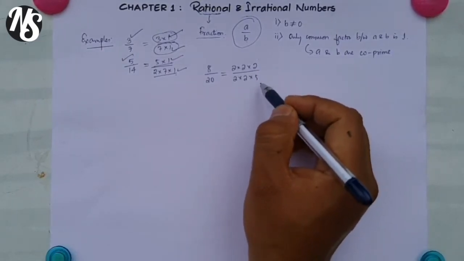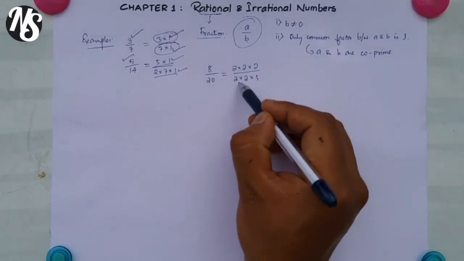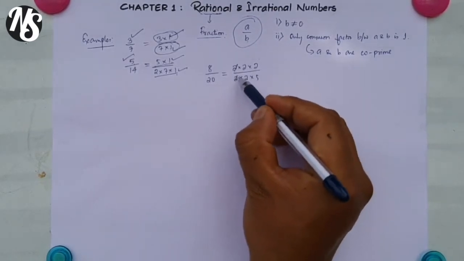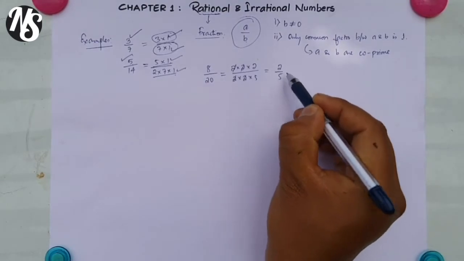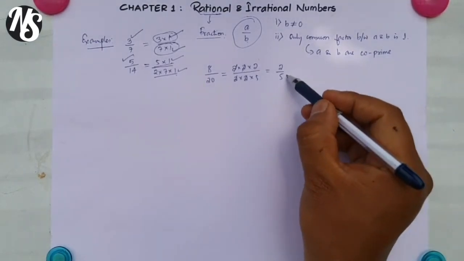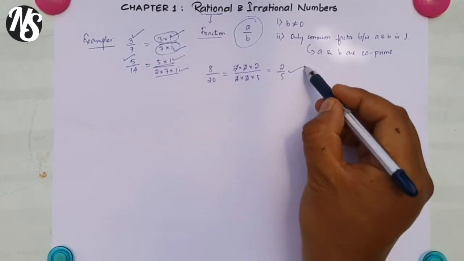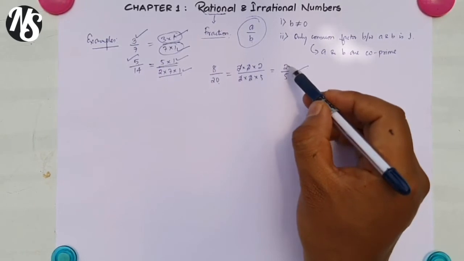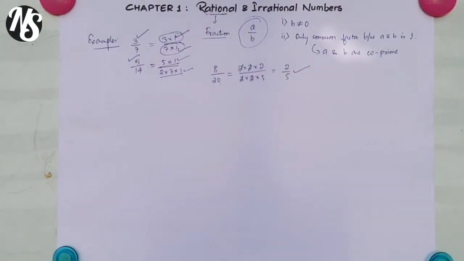Here the common factor is 2, but you know that you can cancel, and you get 2 by 5. Is there anything common between them? No. So 8 by 20, which in turn can be written as 2 by 5, is also a rational number.